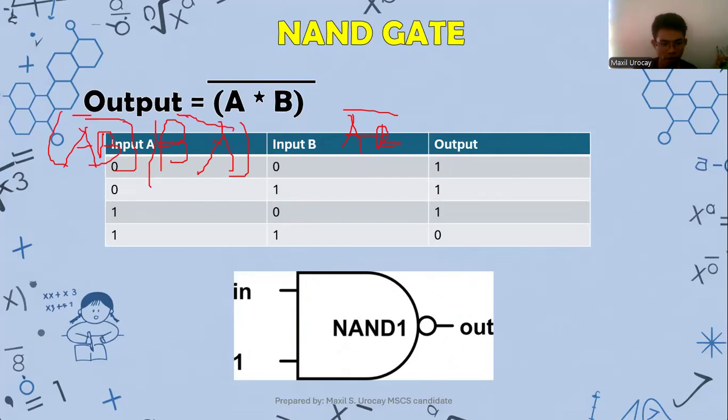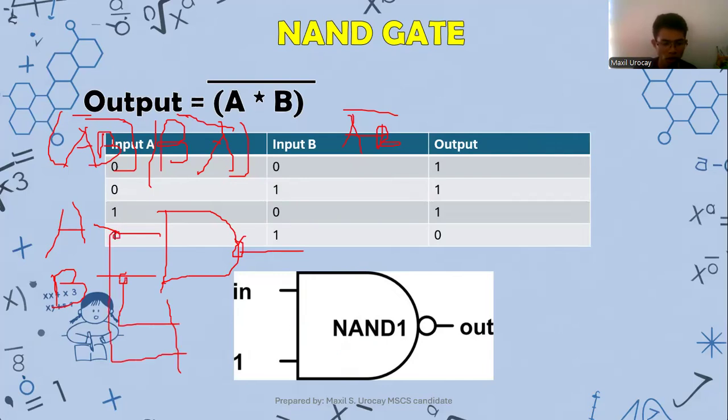AB, that is inverted already. And BA, B and A. We'll also invert that. And technically it's multiplication, so we'll also multiply that one.